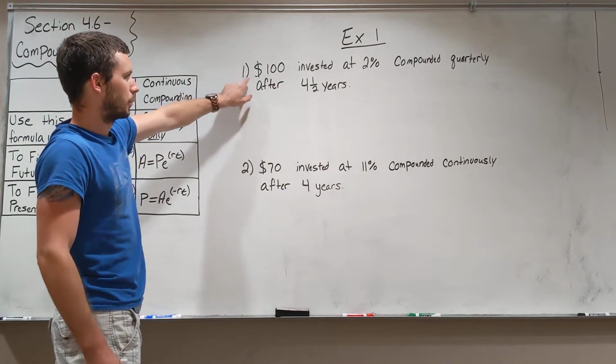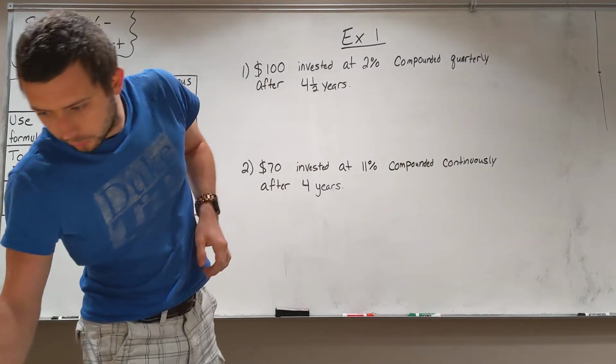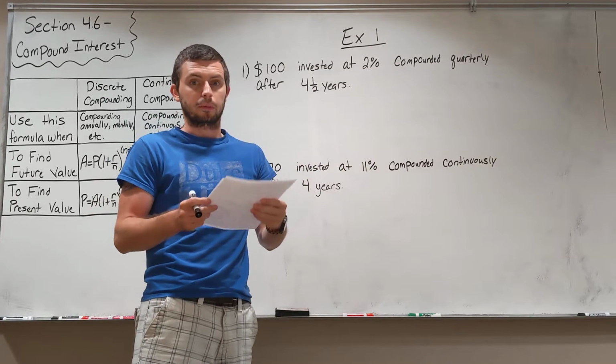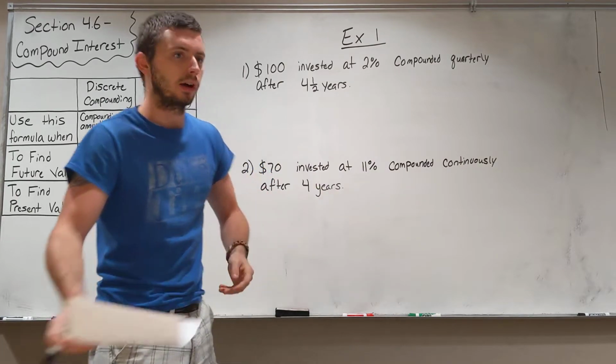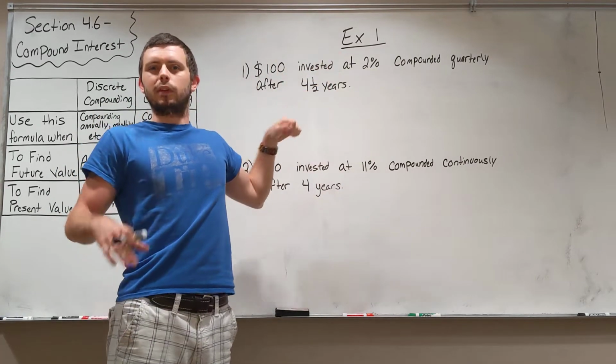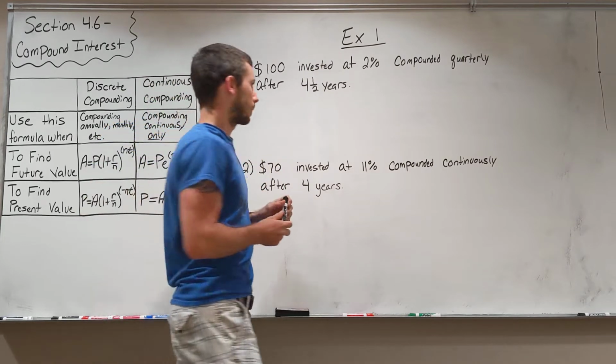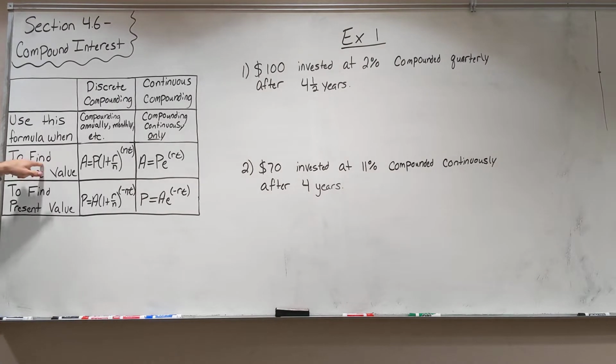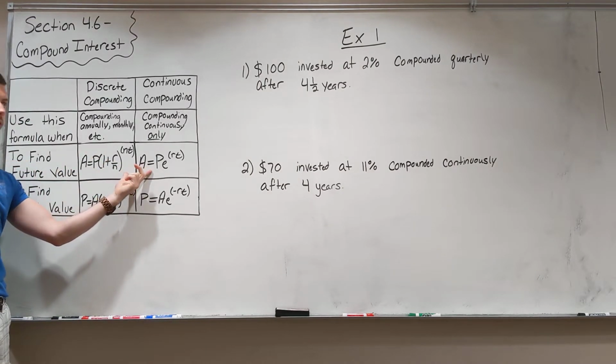So problem 1, and the directions in particular say, find the amount that results from the given investment. So if you invest all this stuff, given all of these conditions, what's the future amount going to look like? So we have a future amount, so that tells us we use one of these two formulas.